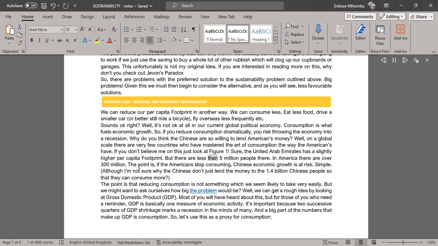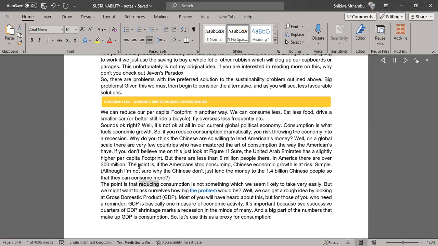But there are less than 5 million people there. In America there are over 300 million. The point is, if the Americans stop consuming, Chinese economic growth is at risk. Simple. Although I'm not sure why the Chinese don't just lend the money to the 1.4 billion Chinese people so that they can consume more.